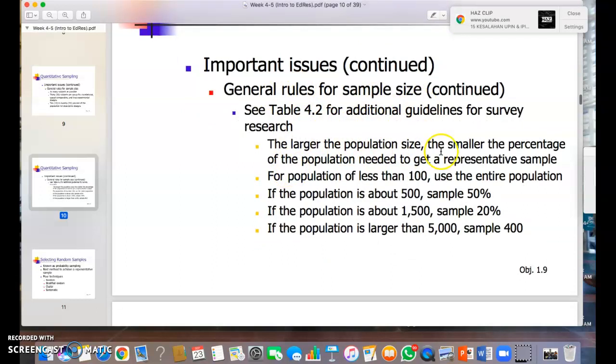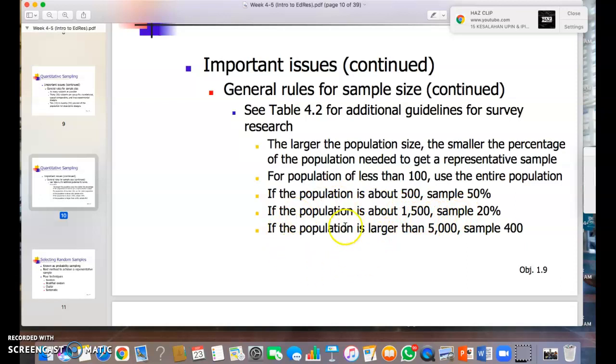The larger the population size, the smaller the percentage of the population needed to get a representative sample. For a population of less than 100, use the entire population. If the population is 500, the sample is 50% of 500, so about 250. If the population is about 1,500, the sample is 20% of 1,500.